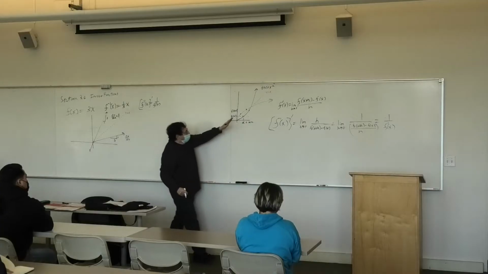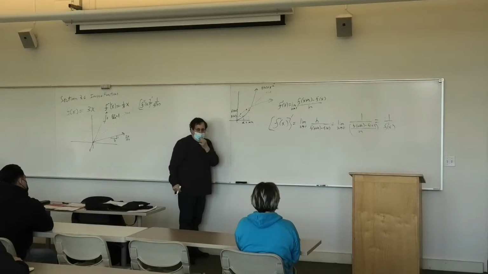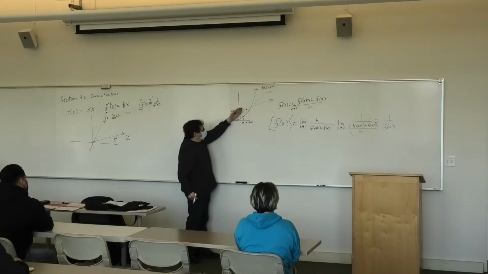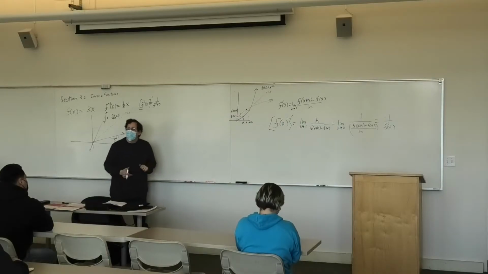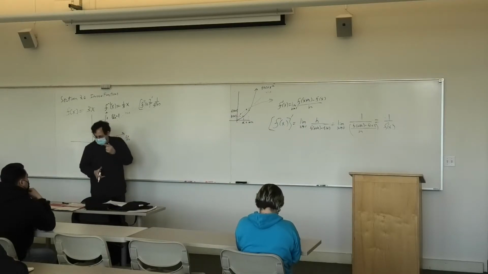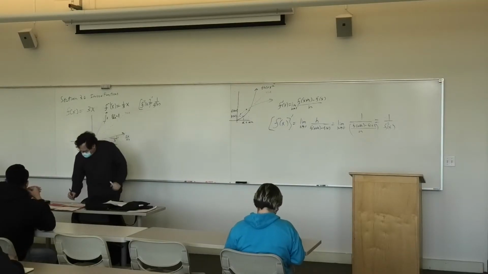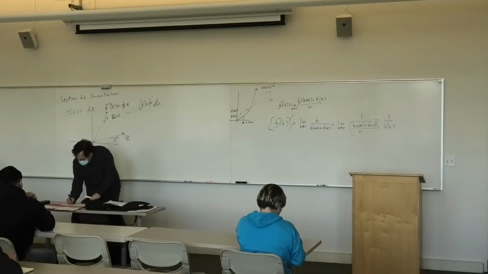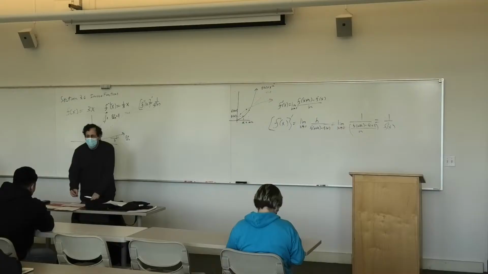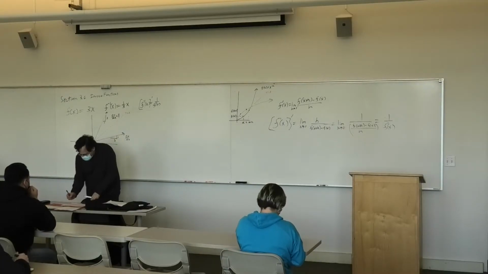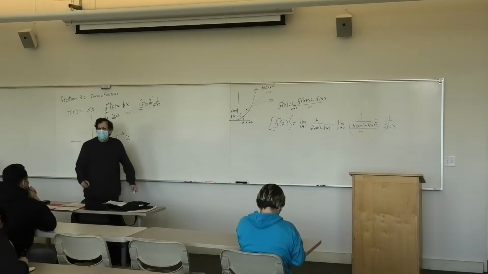Here, you may only have that slope at a certain point, but on the inverse function, it's going to again be the reciprocal slope. Okay, that's the basic idea.